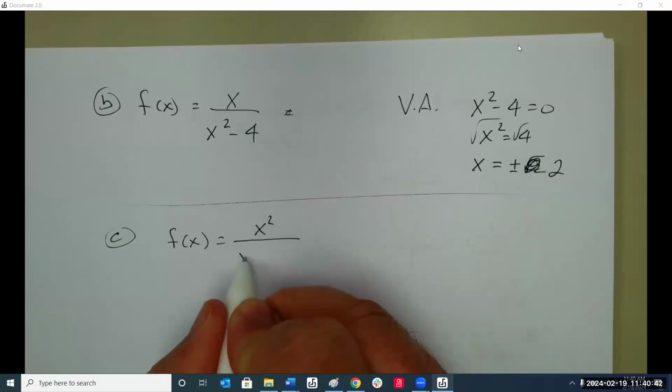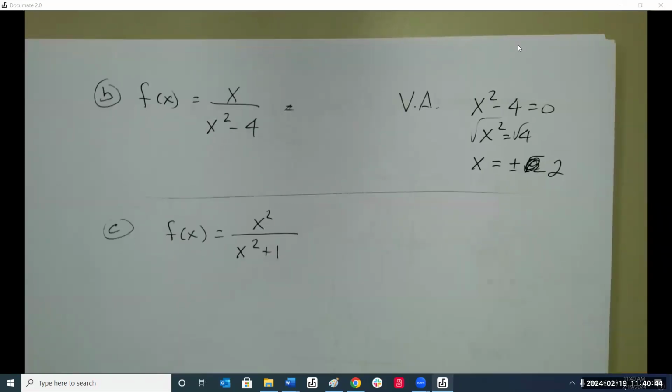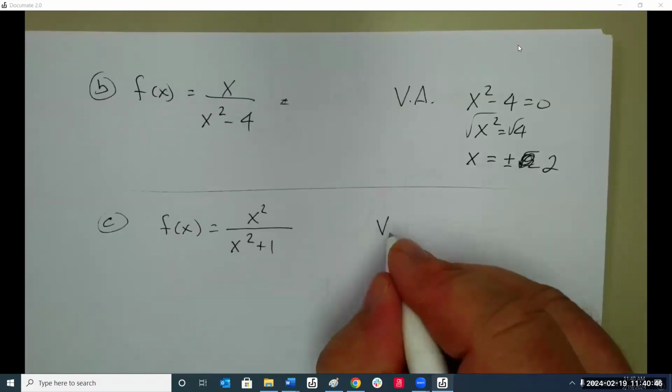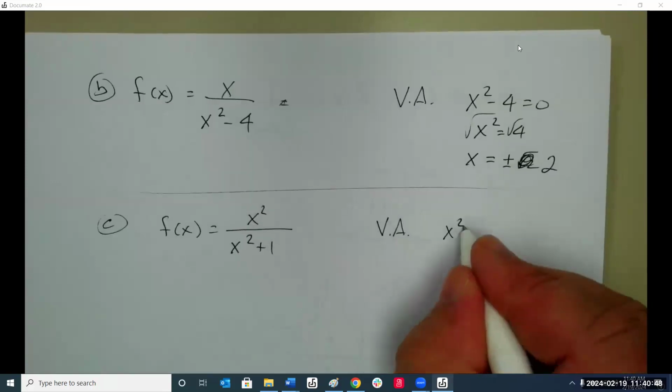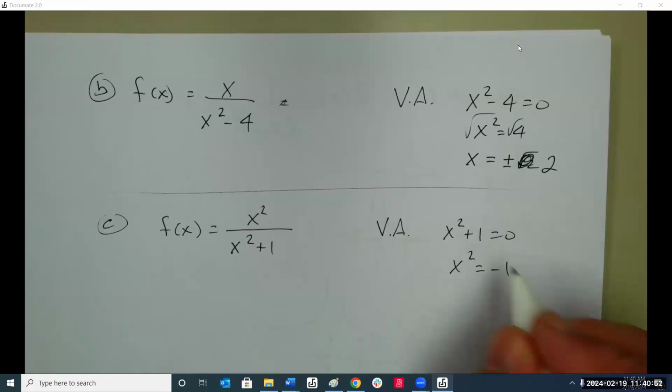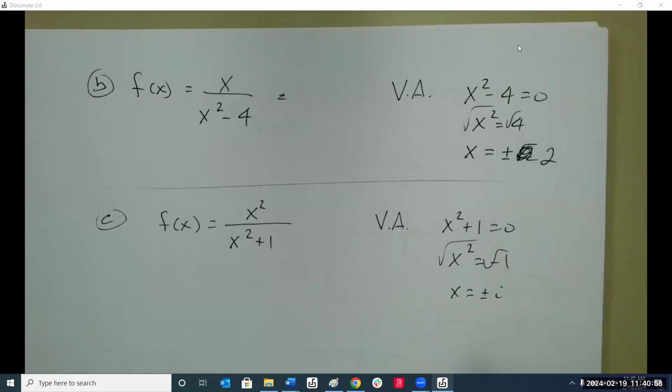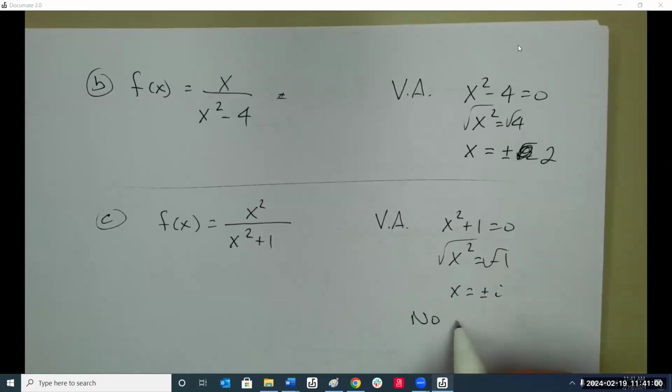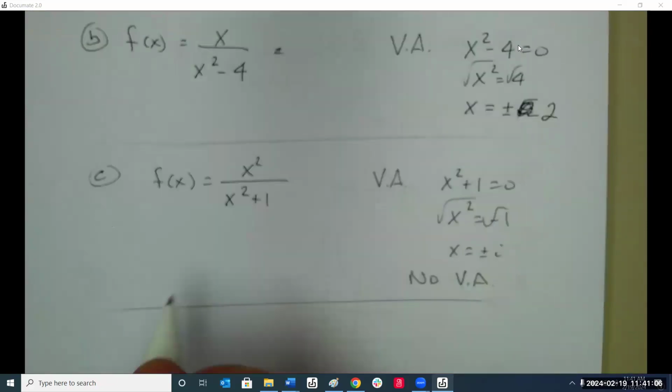x squared plus 1. The vertical asymptote, take the bottom, set it equal to 0. That has no vertical asymptote because the bottom can never equal 0.